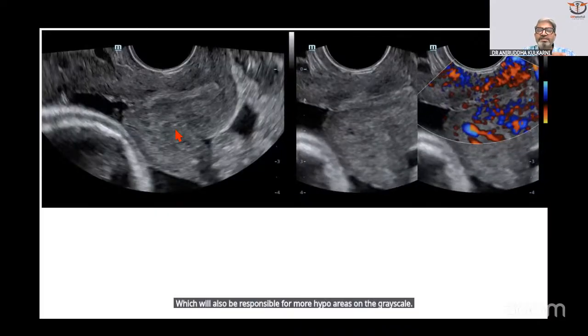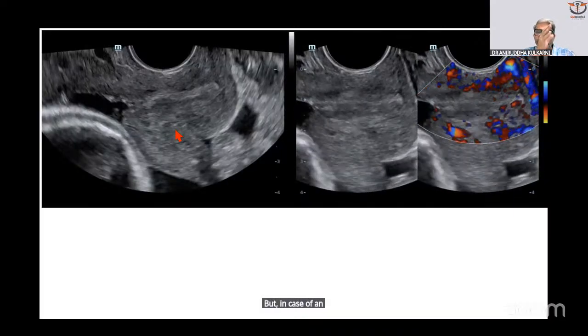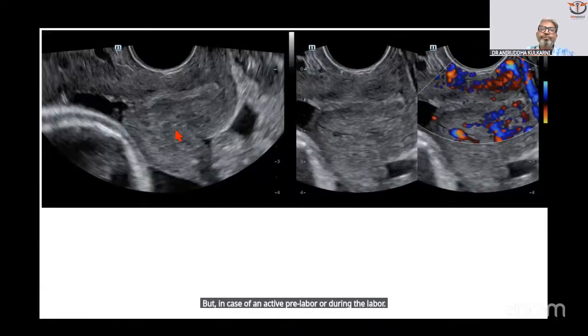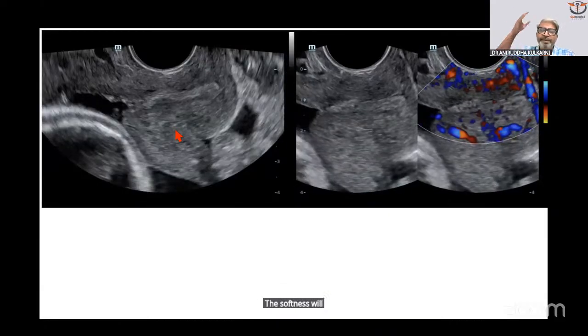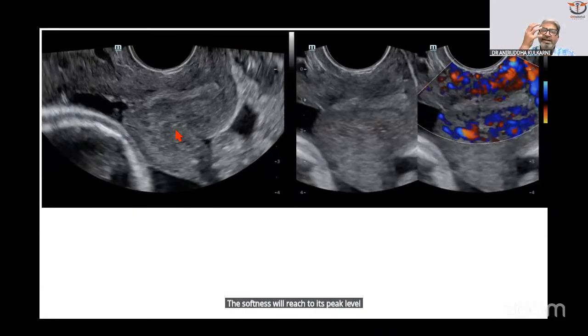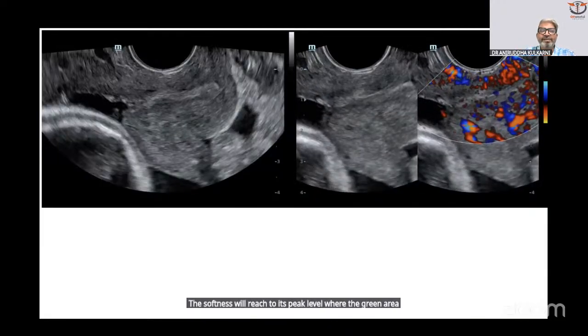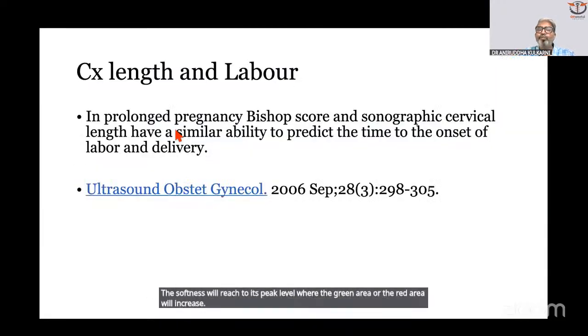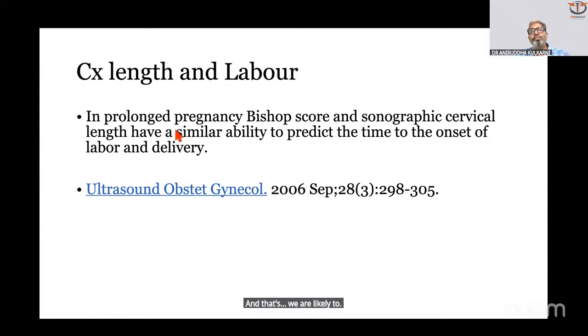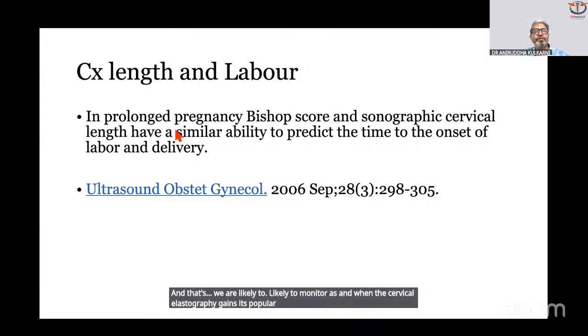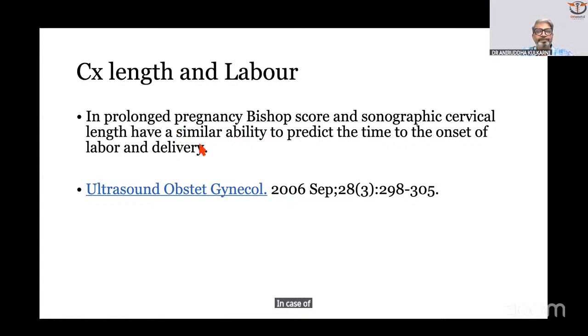But in case of an active pre-labor or during labor, the softness will reach its peak level where the green area or the red area will increase. And that's what we are likely to monitor as and when cervical elastography gains popularity in terms of quantitative assessment in case of labor.